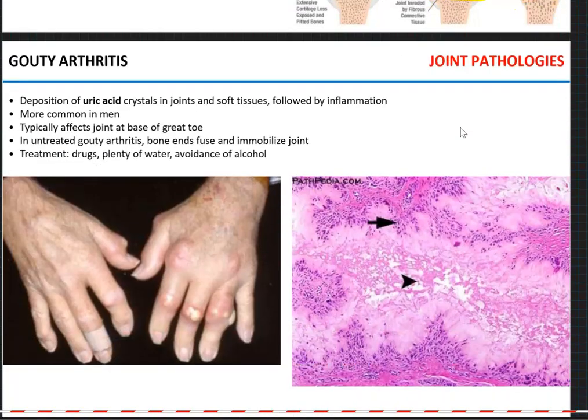Gout arthritis. This is nature's revenge against rheumatoid arthritis, because this affects mostly men. So what happens: uric acid, which is the product of nucleotide breakdown, like DNA, RNA breakdown, is not excreted properly by kidneys and gets deposited in the joints.